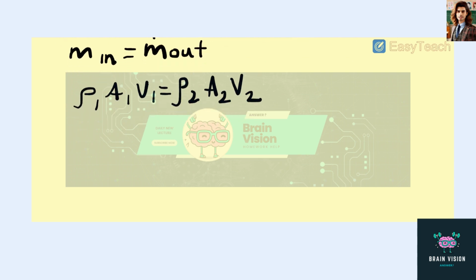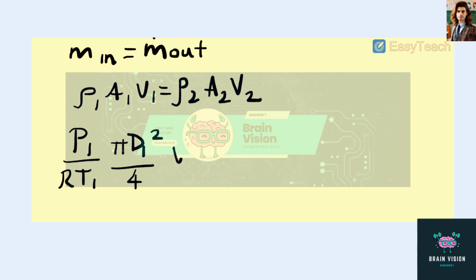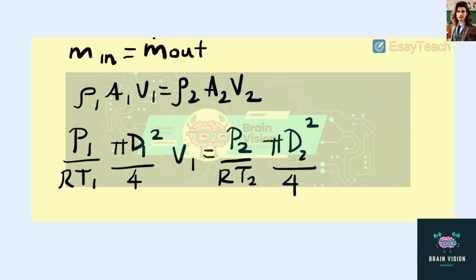And we'll see that this equation becomes P1 over R T1 times pi D1 squared over 4 times velocity 1 is equal to P2 over R T2 times pi D2 squared over 4 times V2.